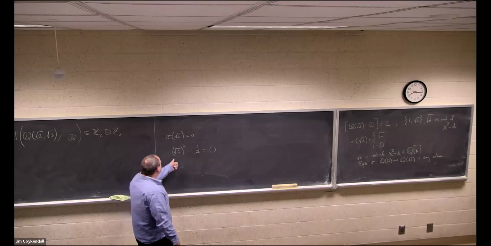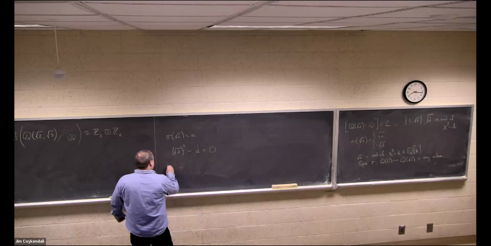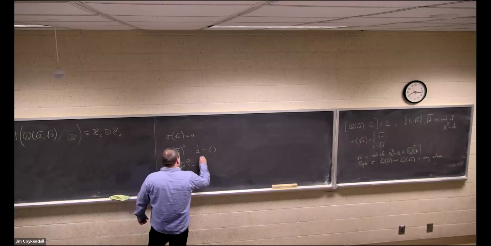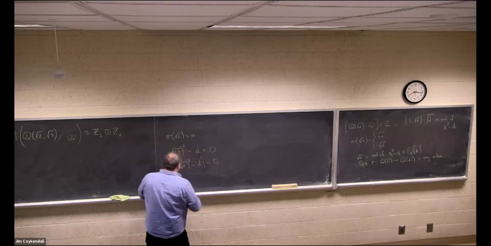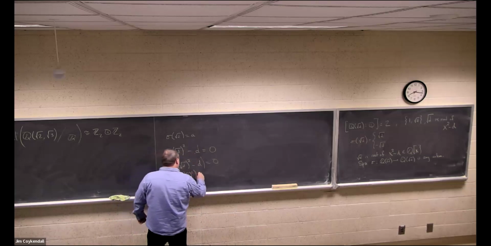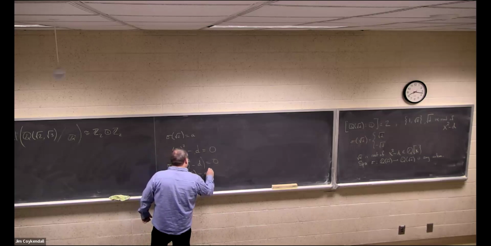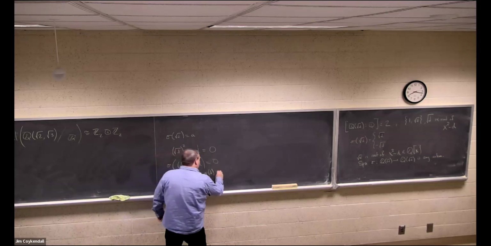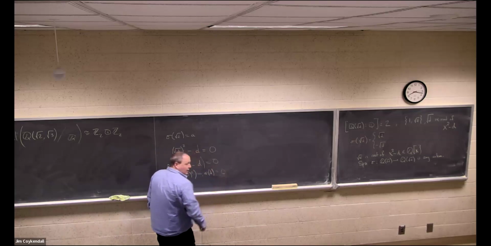If I apply sigma to this, let's be careful about what we do here. This is sigma of radical D squared minus sigma of D, and of course the other side is sigma of 0, which is 0.